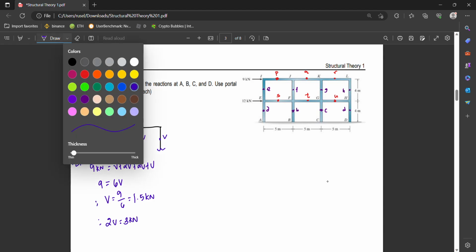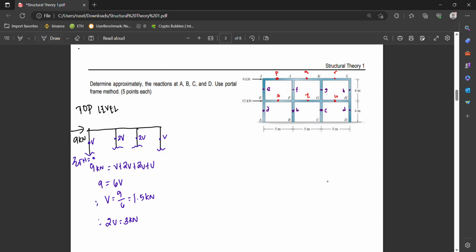Next, let's find the shear at the lower level, at ground level. At ground level, this is your V, 2V, 2V, 2V, and V. So you have your 9 kilonewton and you have 12 kilonewton.